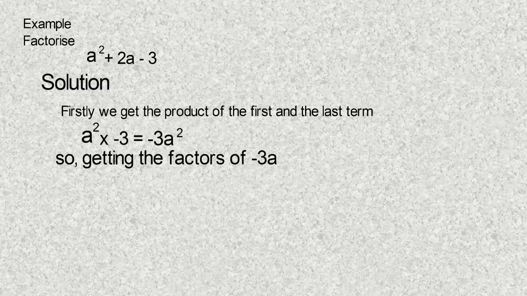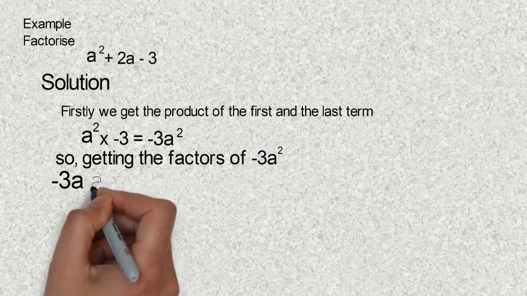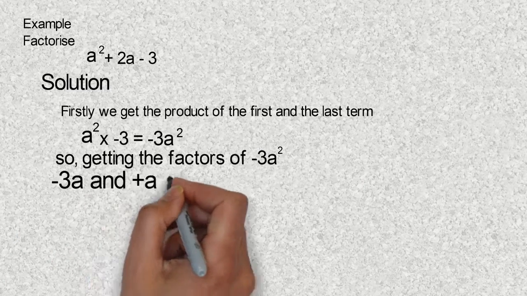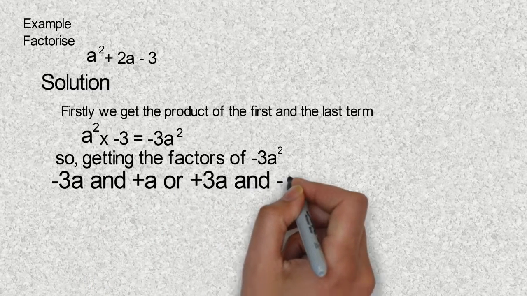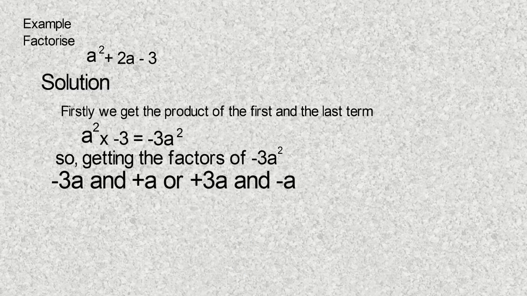So I find the factors of minus 3a squared, which will give me minus 3a and a, or plus 3a and minus a. If you multiply minus 3a and plus a, it will give you minus 3a squared. And if you multiply plus 3a and minus a, it will give you minus 3a squared.